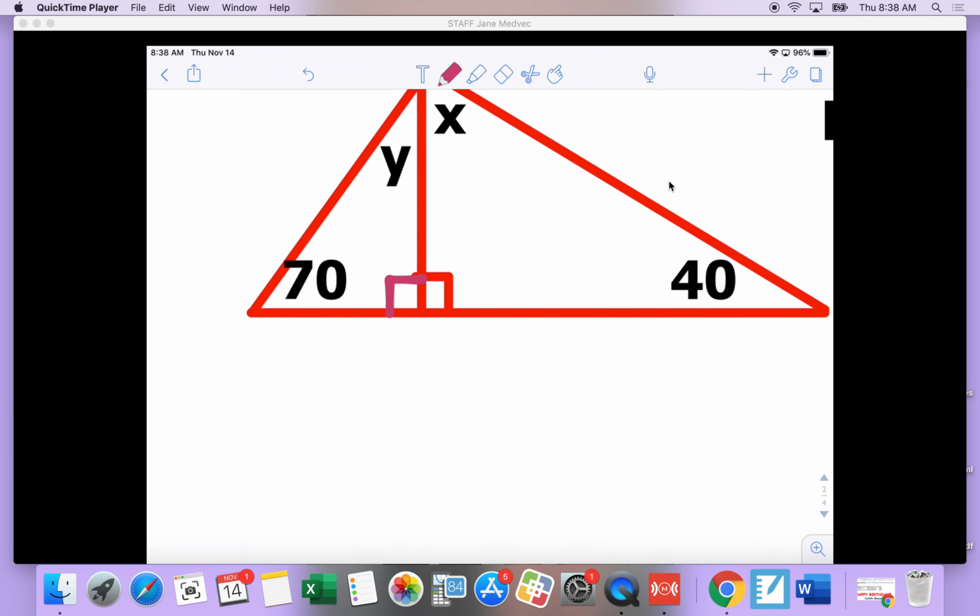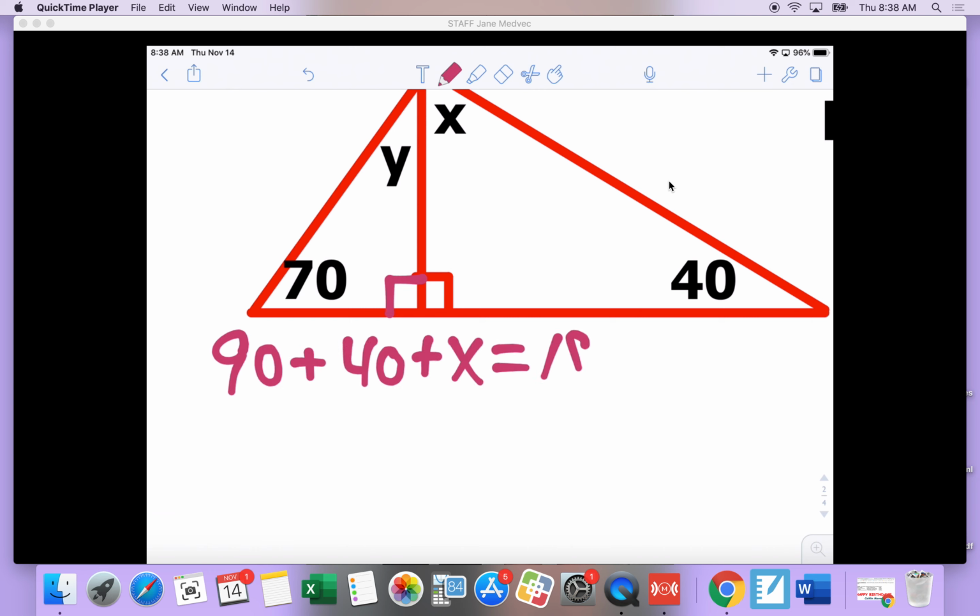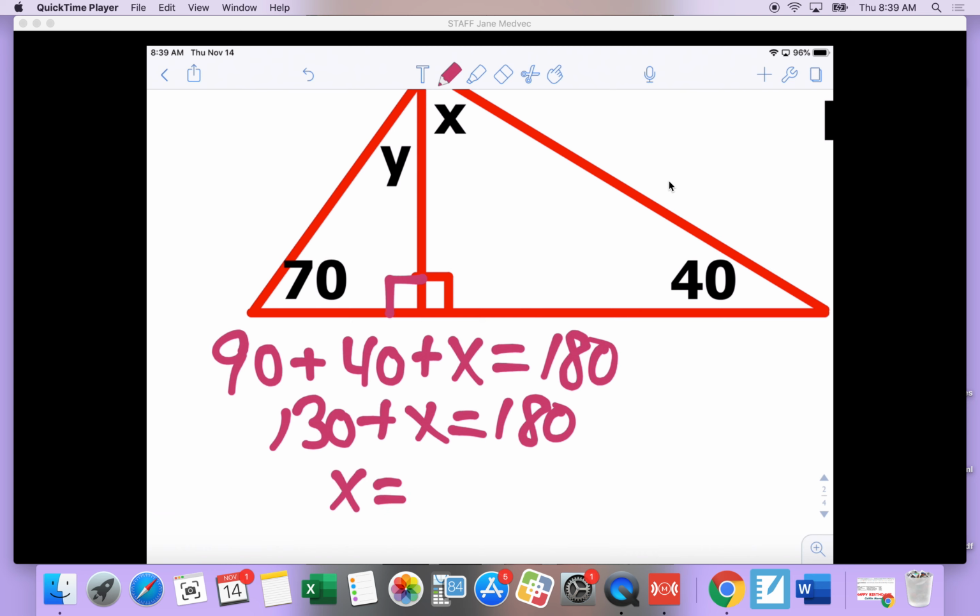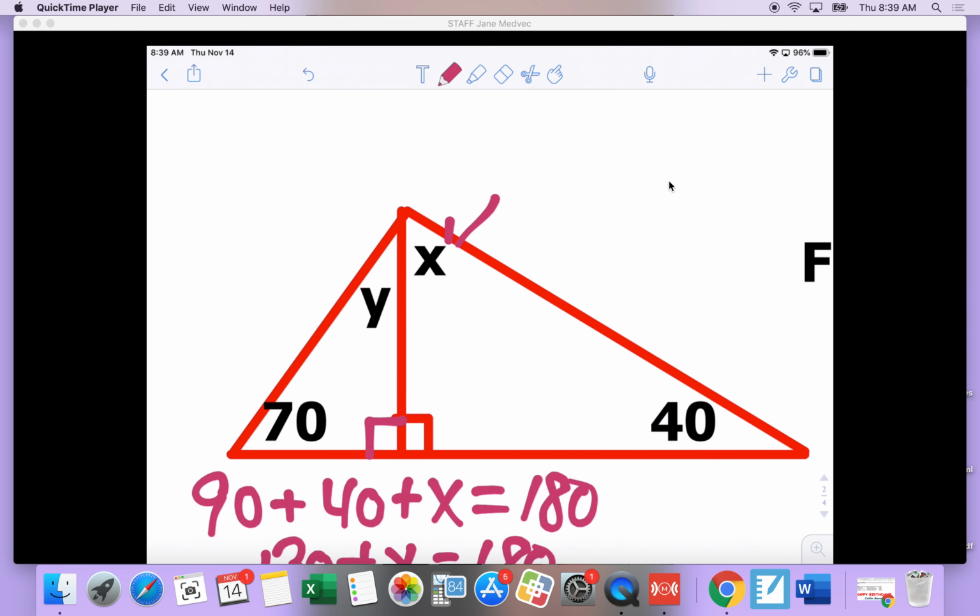90 plus 40 plus x is equal to 180. Very good. So then 130 plus x equals 180. X gives me 50 degrees. Very good. So then this right there is 50 degrees.